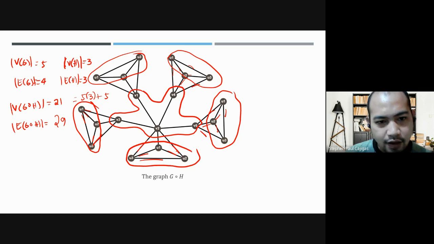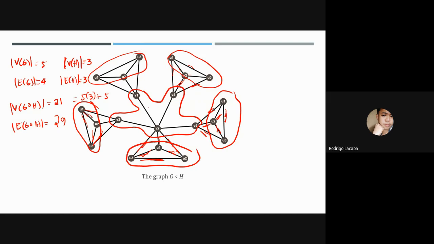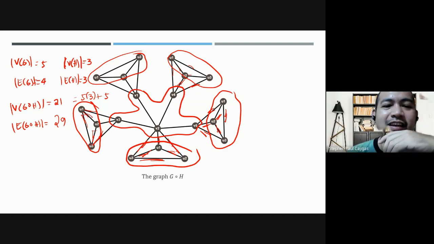Again, I lost count. 1, 2, 3, 4, 5, 6, 7, 8, 9, 10, 11, 12, 13, 14, 15, 16, 17, 18, 19. Vertices, then edges, let's count. Sorry. 1, 2, 3, up to 19, 20.